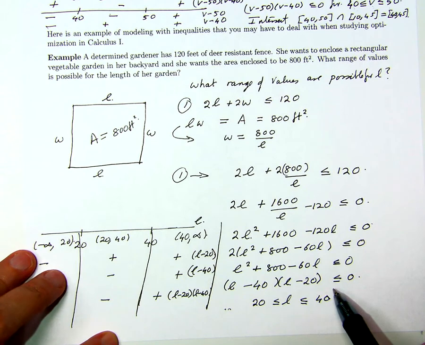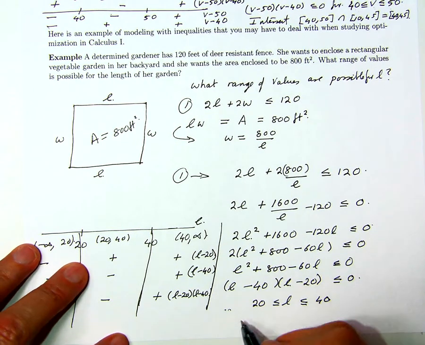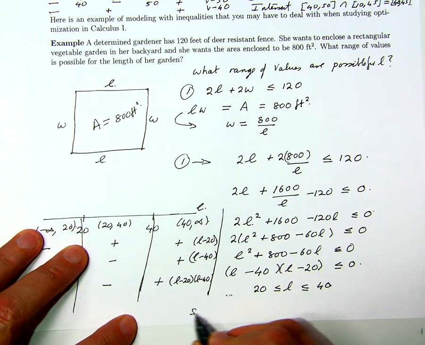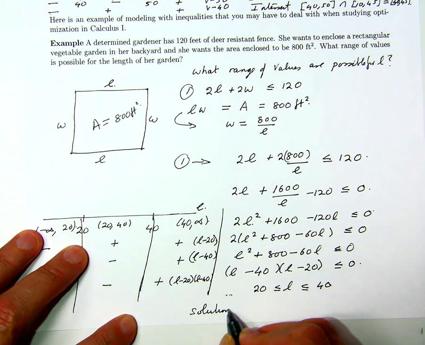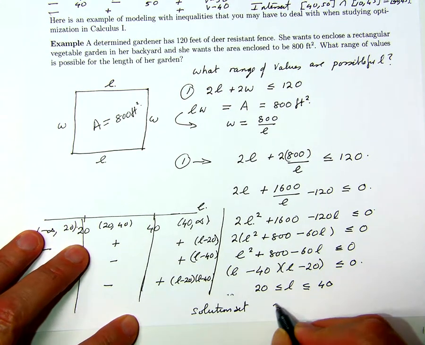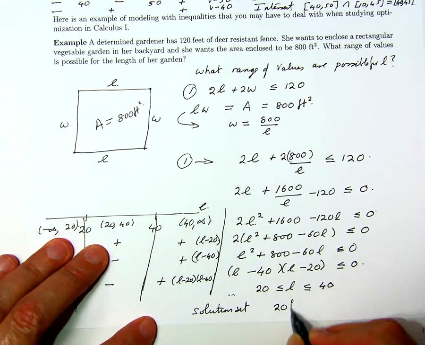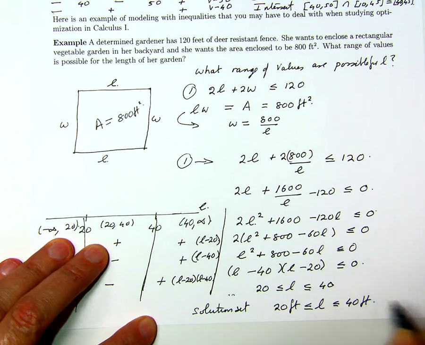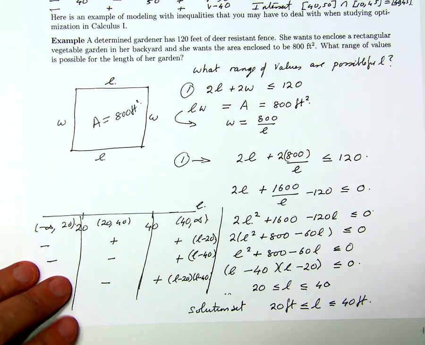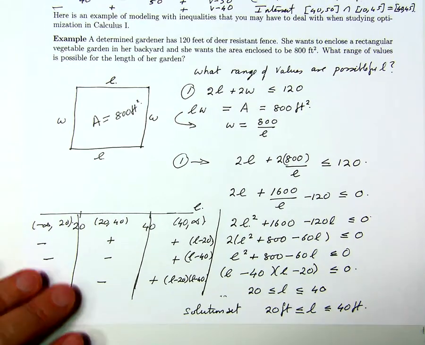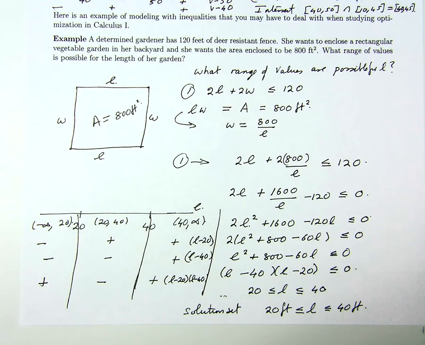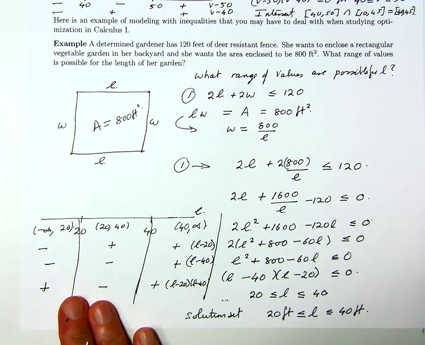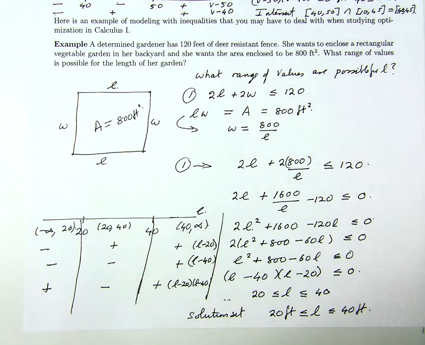So therefore L, which is given in feet, must be 20 feet less than or equal to L, which is less than or equal to 40 feet. So this is the range of possibilities for this gardener for the length of this rectangle.